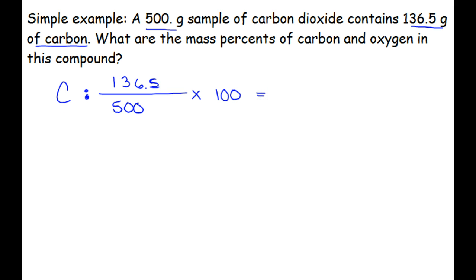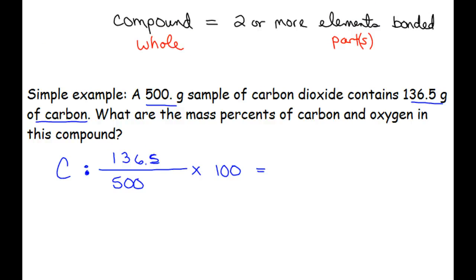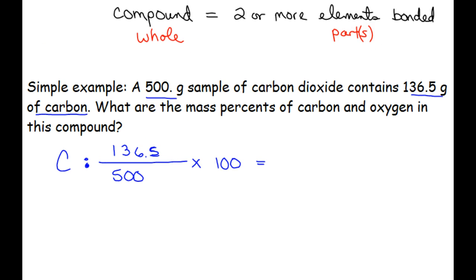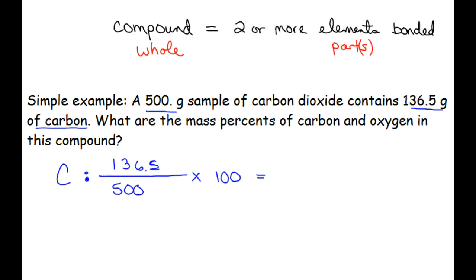So if you plug that into your calculator, you should get, and I'm going to round that to 3 sig figs, 27.3%. So 27.3% of carbon dioxide's mass is made up of carbon.